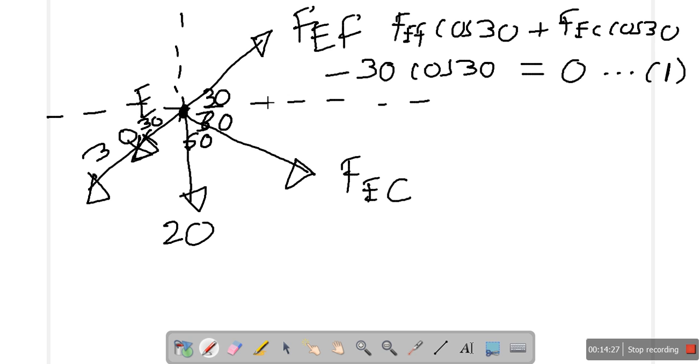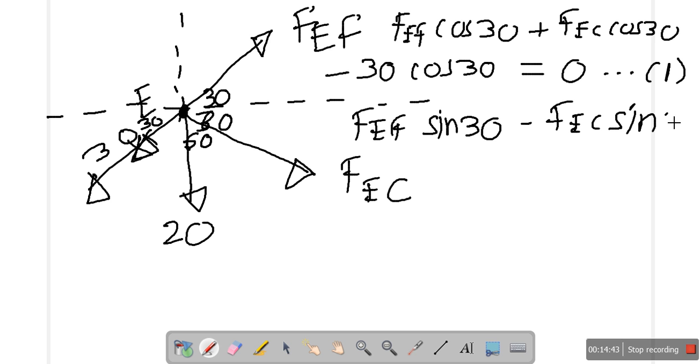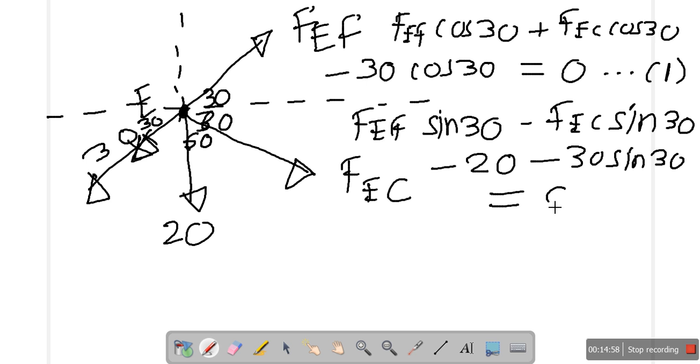If you use sigma Fy, that is in the vertical direction, you will have the second equation: FEF sin 30 in the upward direction, minus FEC sin 30, that is in the downward direction, minus 20, minus this 30 sin 30, equal to 0.